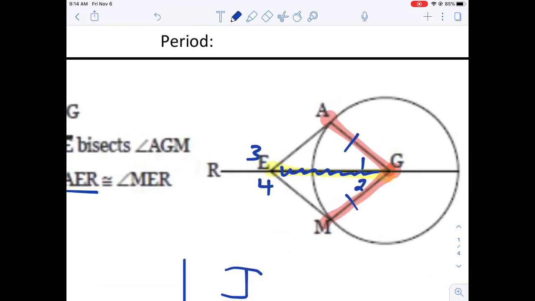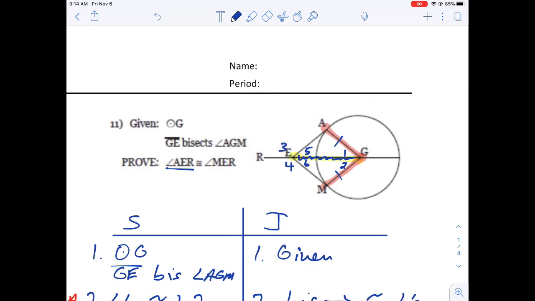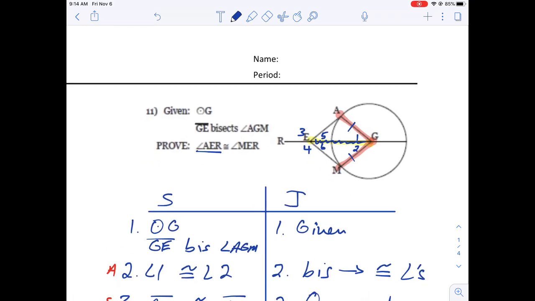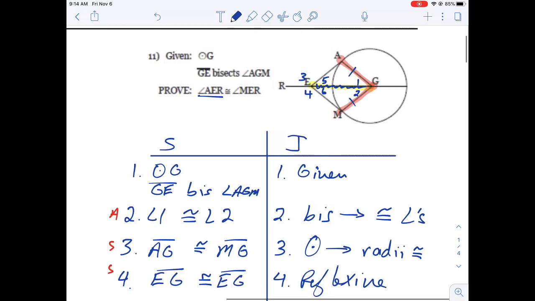However, they're closely related to this angle in here, which I'm going to call angle 5, and this angle there, which I'm going to call angle 6. So if I'm able to get angles 5 and 6 congruent, I will be able to get angles 3 and 4 congruent, which is what we're trying to prove. Remember about supplements of congruent angles.